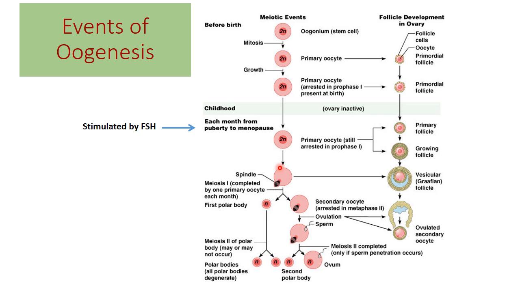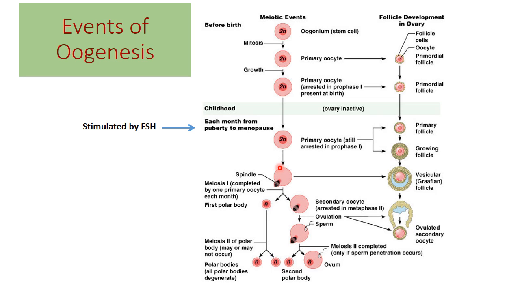So looking at the events of oogenesis, we start with the oogonium, or the stem cells in the fetal stage. And just like the spermatogonia in the males, these are diploid cells, 46 chromosomes, 2N, and they will continue to divide by mitosis to create a population of these stem cells that can number somewhere in the 500,000 to 2 million stem cells.